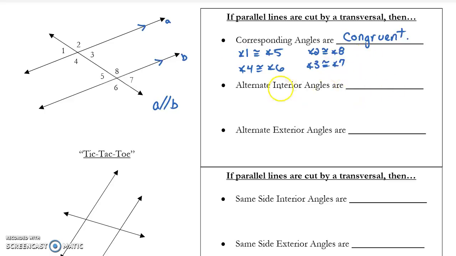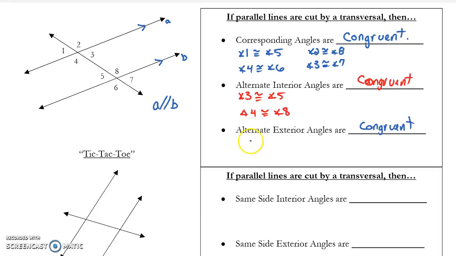We can say the same thing about alternate interior angles. Those are also congruent. Alternate interior in this case would be angle 3 congruent to angle 5 and angle 4 congruent to angle 8. Alternate exterior angles are also congruent.